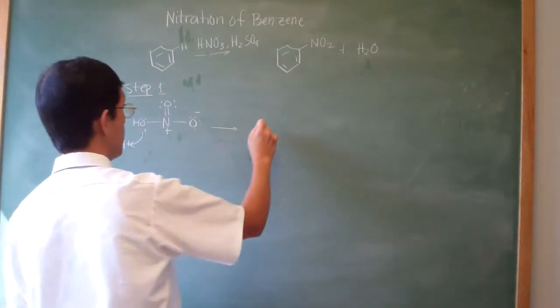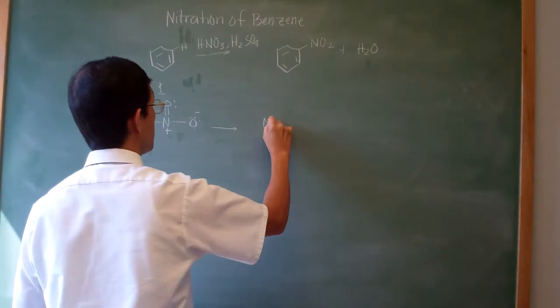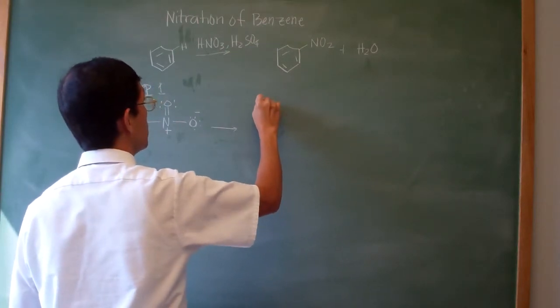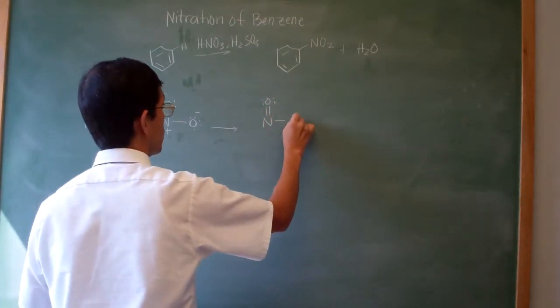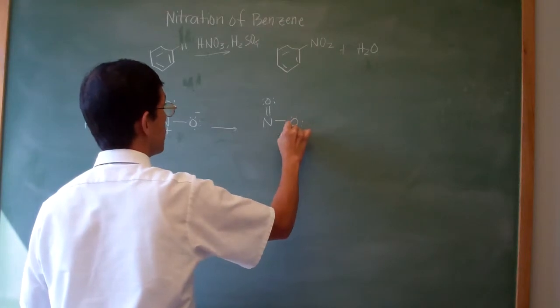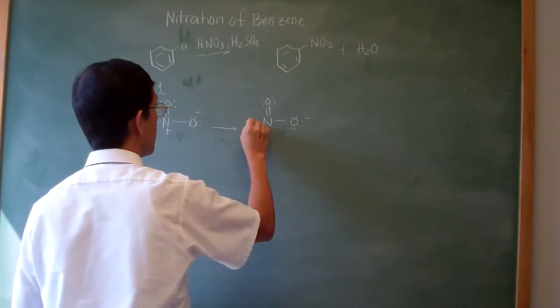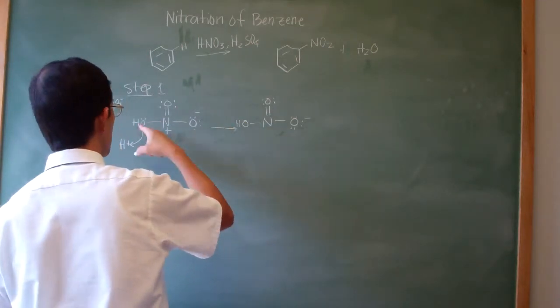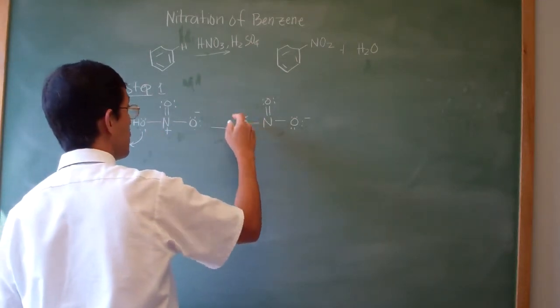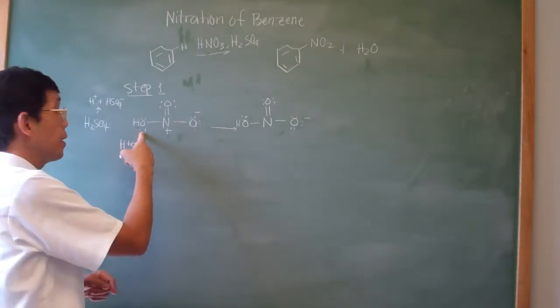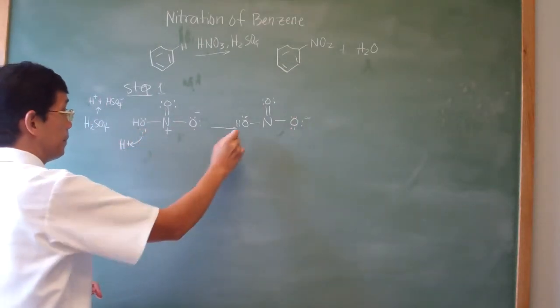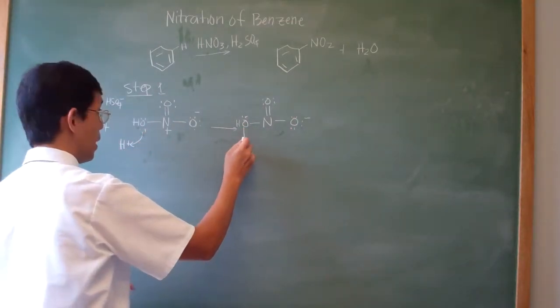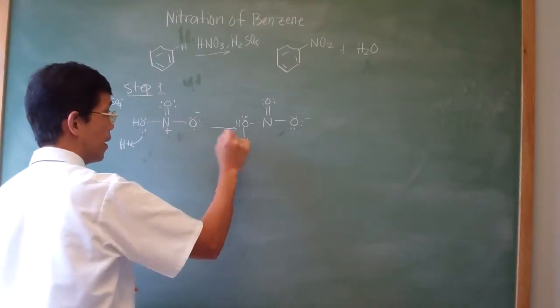And this is what you get. Nitrogen, double bond O, oxygen, 3 lone pairs, negative, O, and you have that H there, and that lone pair is now a bond.